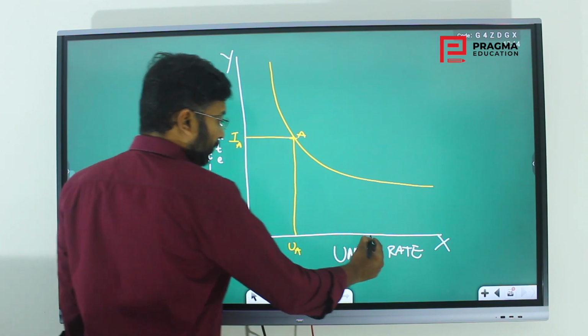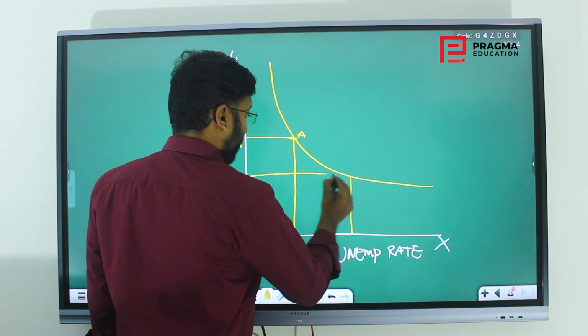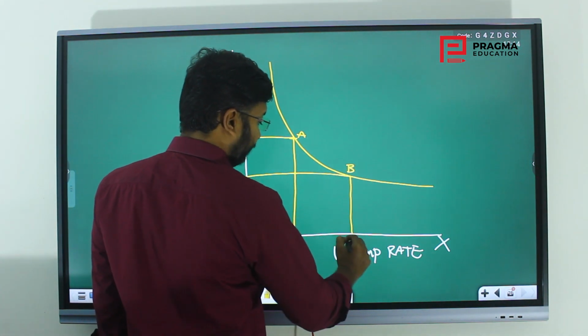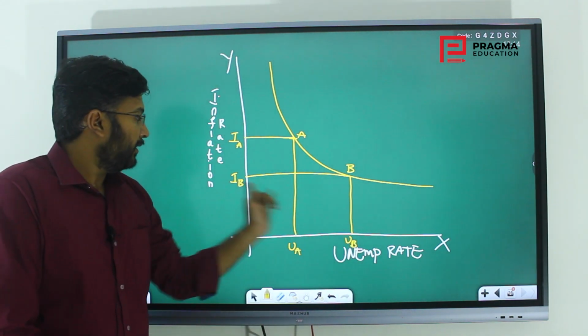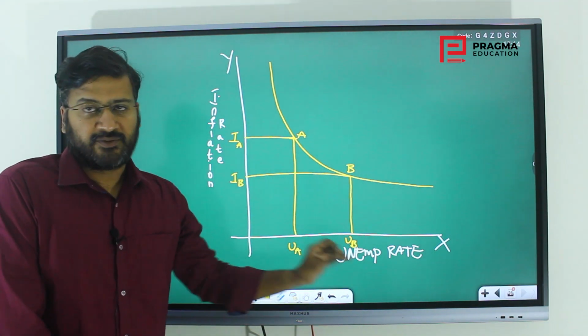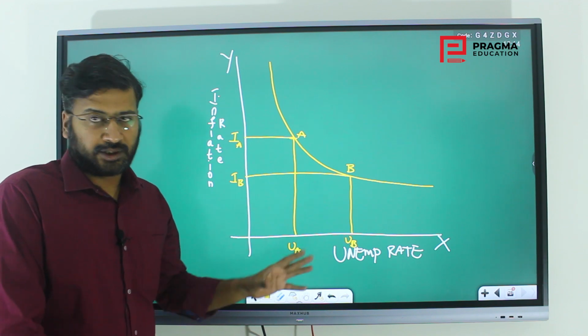And when the unemployment rate is high, at point B, inflation will be low. This is what this curve means, when that inverse relation holds true for the short run or only short term.